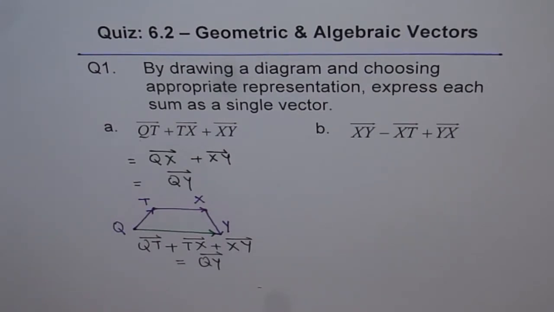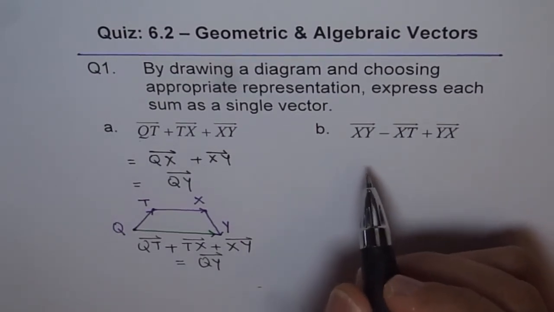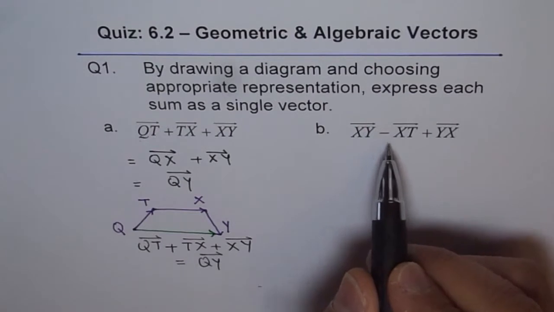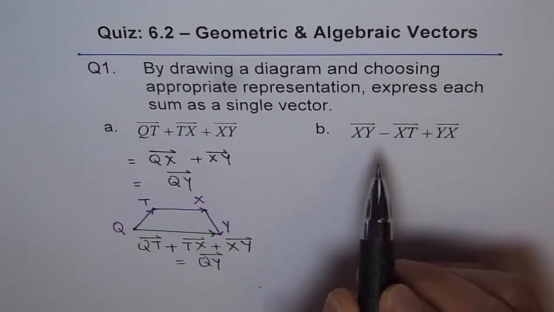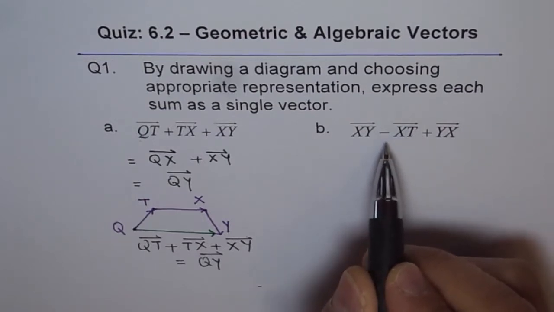Okay, in this case also, let's reorganize and then do the diagram. Somehow I find reorganizing helps. And step number 1 to reorganize is that in any equation like this in vectors, if you have a negative, that means you can flip the direction and make it positive.